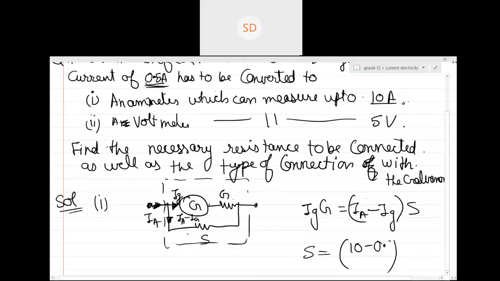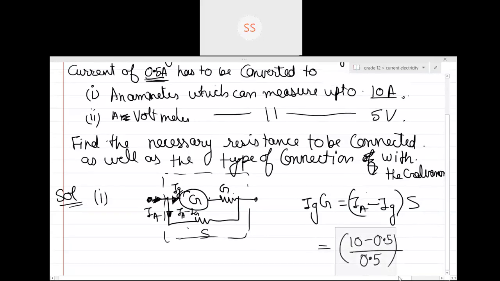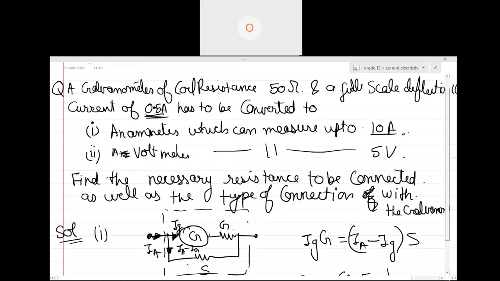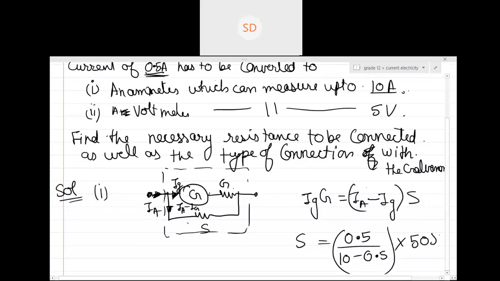So 0.5 divided by 9.5, multiplied by what was the resistance? 50.